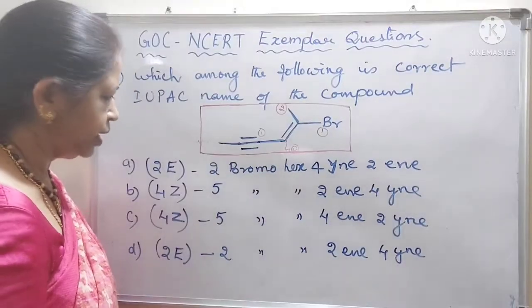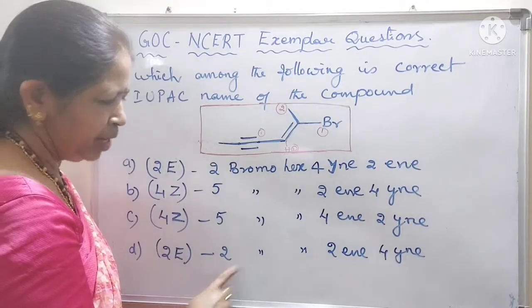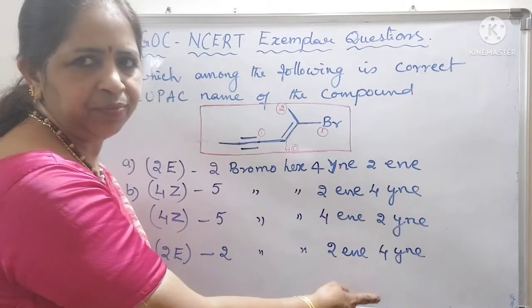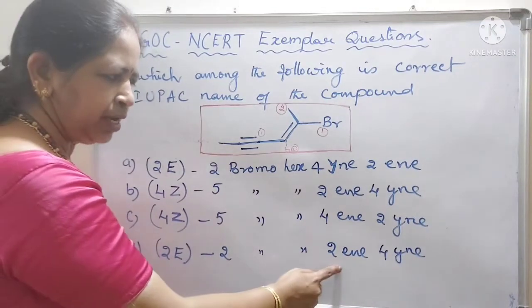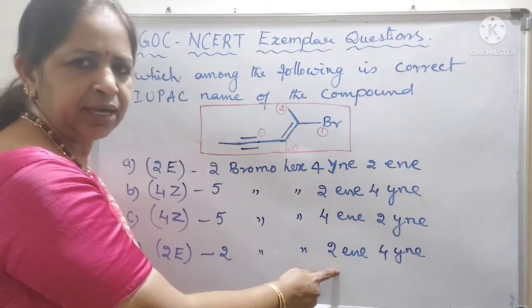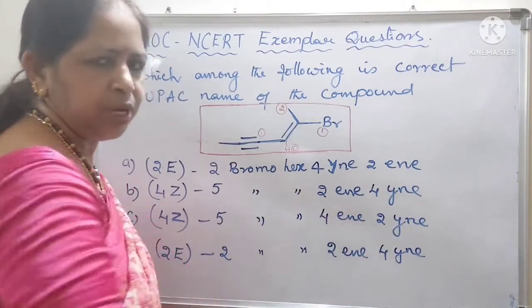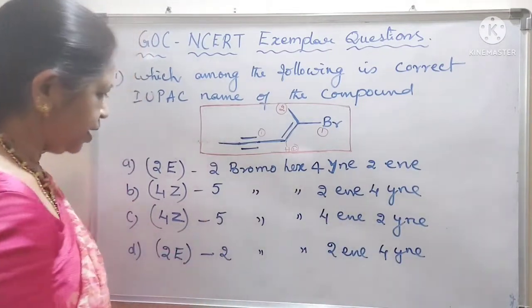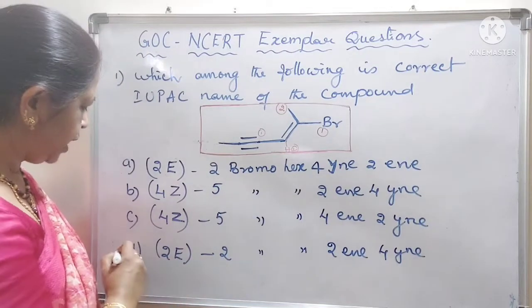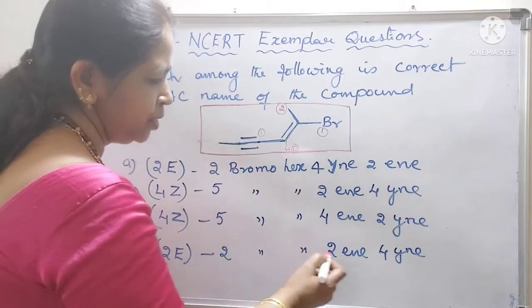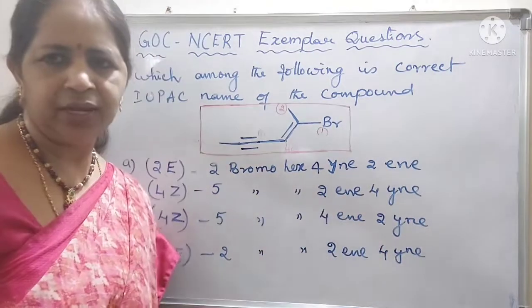The correct one is D, because ene should be written before yne. The double bond is written before the triple bond. So the correct answer is 2E, 2-bromo, hex-2-ene-4-yne.